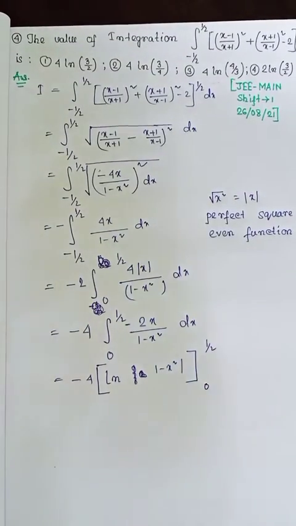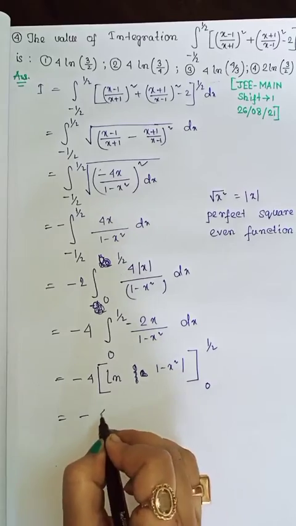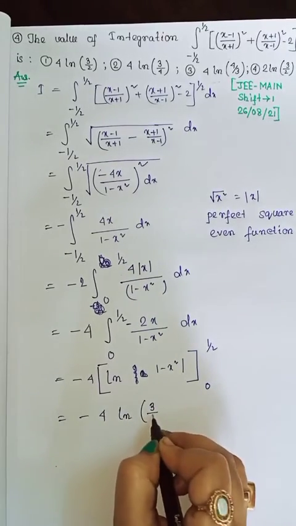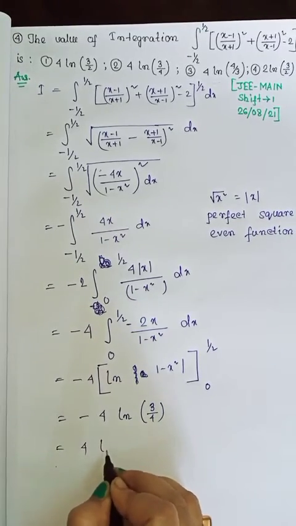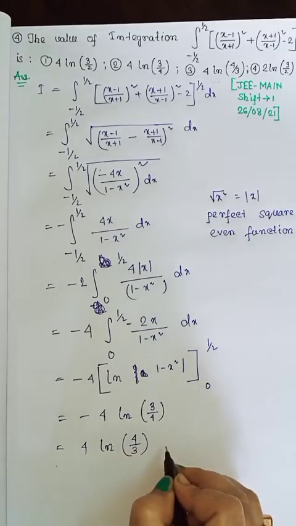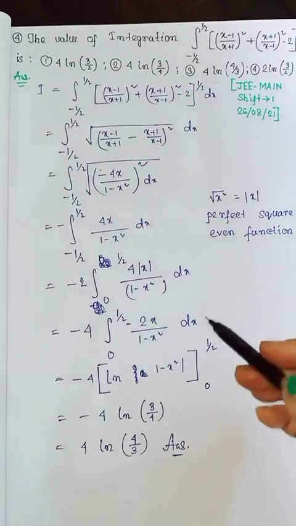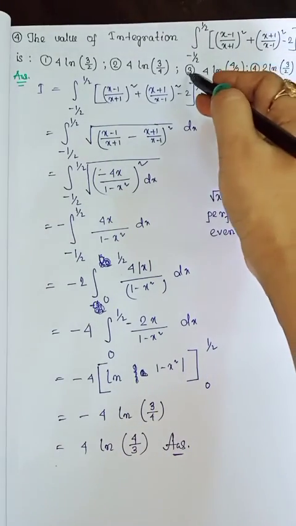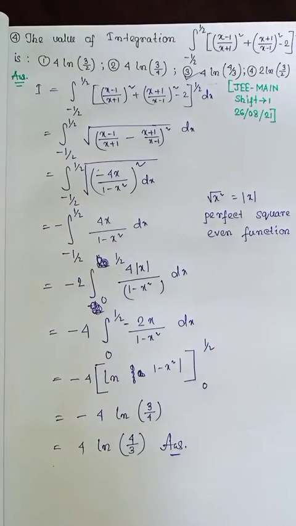Now putting the lower and upper limit, we get minus 4 ln 3 by 4. So here we get 4 ln 4 by 3. This is our required answer, and our right option is 4 ln 4 by 3. So option 3 is our correct choice. This is the whole solution of question 4.